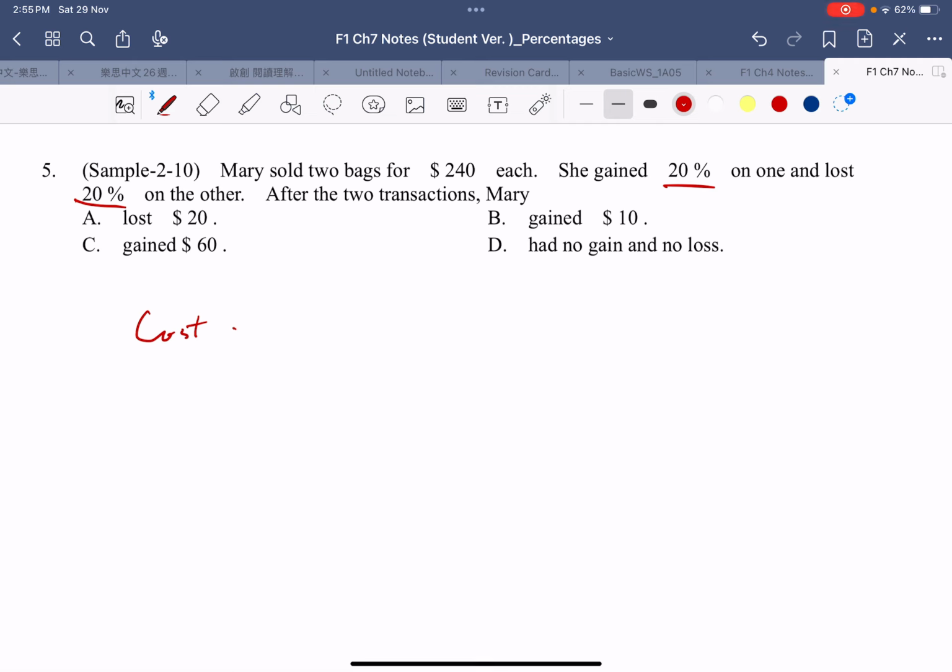Actually, the selling price 240 divided by (1 plus the gain) for one bag, and for the other she lost, so divided by (1 minus 20%). So these are her total costs.